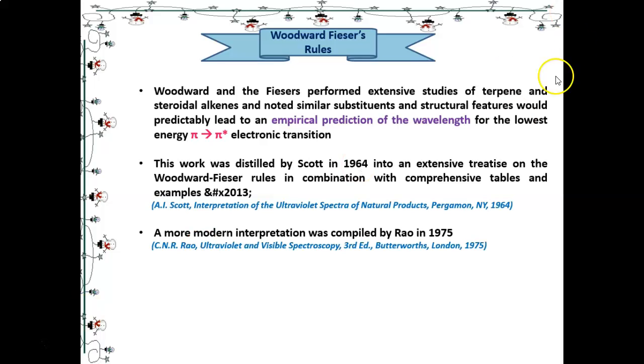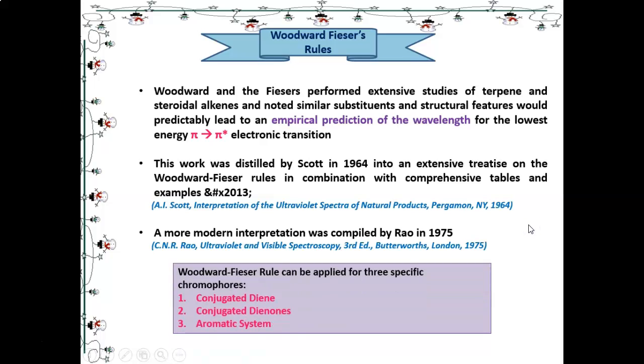Actually, the Woodward-Fieser rules, we use this rule for three specific chromophores, which are conjugated diene, conjugated dienone, and aromatic compounds. So basically, with the Woodward-Fieser rule, we can predict the wavelength of absorption maximum in the UV spectrum, an empirical prediction of the wavelength for the lowest energy pi to pi star, which involves alkene, carbonyl, nitrile, and aromatic.